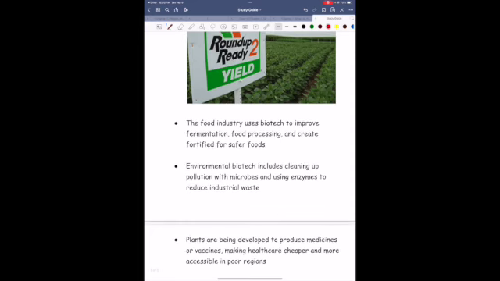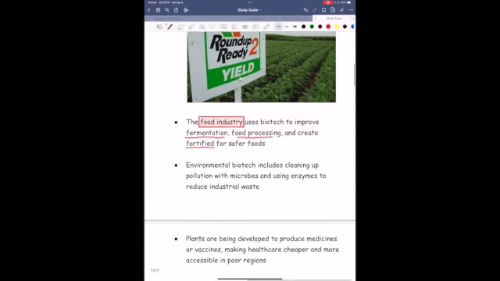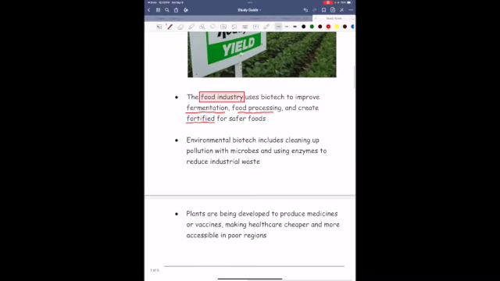The next one is going to be the food industry. So the food industry is going to use things to improve fermentation, food processing, or being able to fortify food so that they stay good for longer. And then the next one is going to be environmental biotechnology.